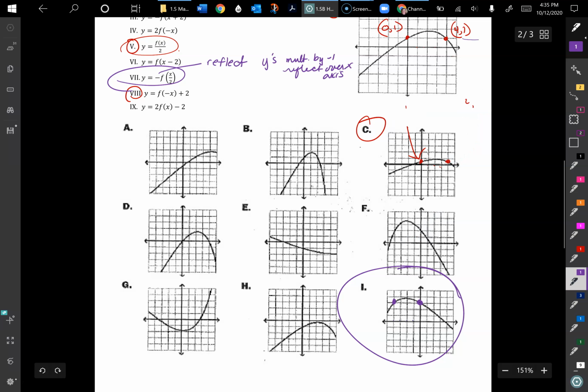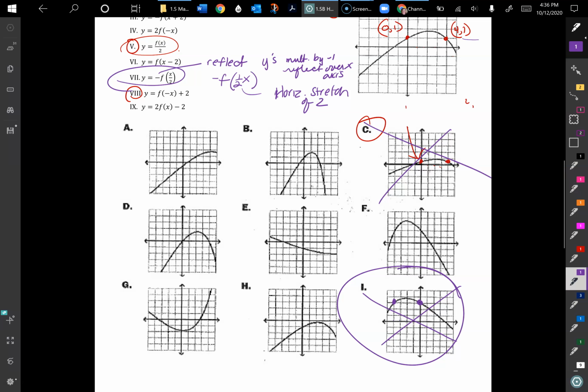And I know these 2 are out because I already used them. And then inside here, I have that negative f on the outside, but inside I have x over 2, so I could write that as half x, which just means I'm going to have a horizontal stretch of 2, because it's the inverse thing, right?